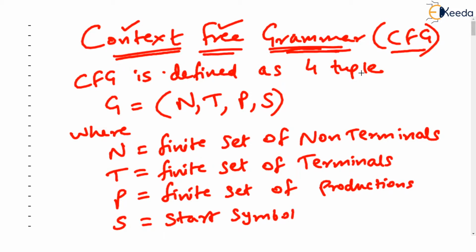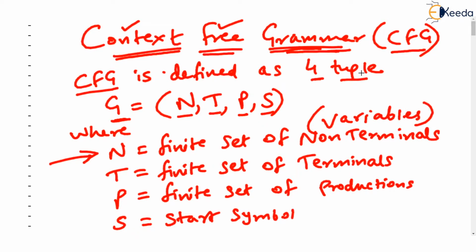Context free grammar is defined as a four tuple. That means CFG is made up of four things. If we call CFG as G, the grammar, then it is made up of four things: N, T, P, S, where N, capital N, is a finite set of non-terminals. Many times non-terminals are also called variables.